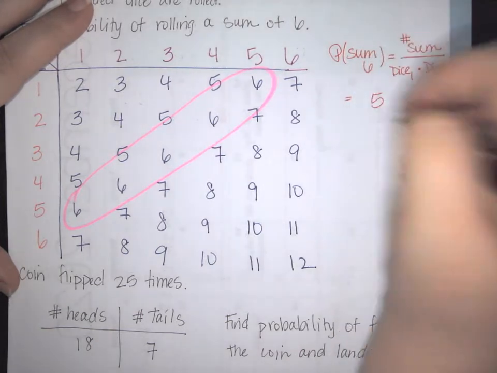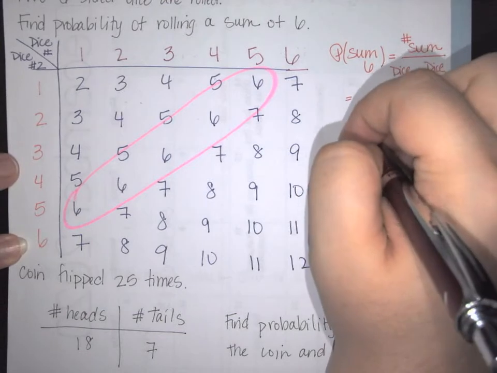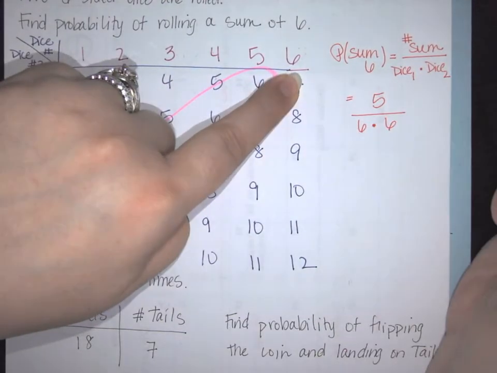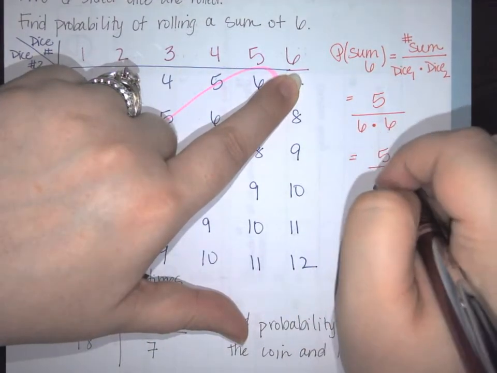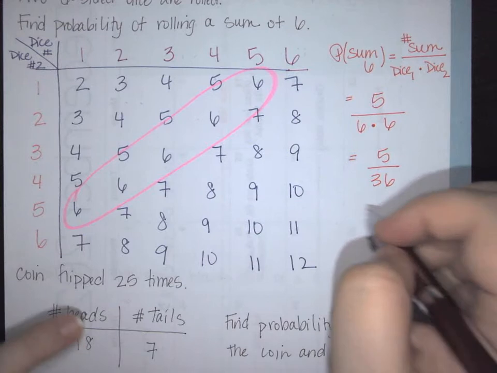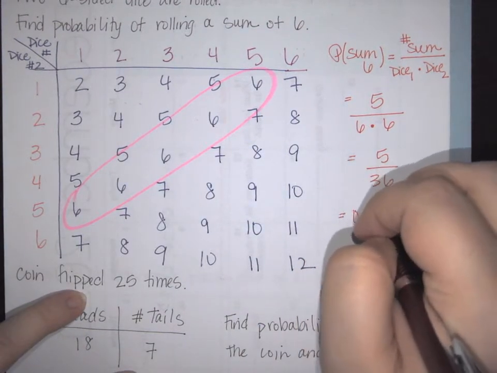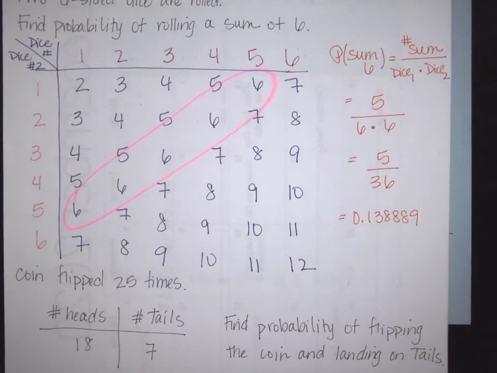So 5 times will I sum to 6. Dice 1 had 6 sides, so this is 6 times. Dice 2 had 6 sides, so 6. So this ends up being 5 over 36, which is the probability 0.138889.